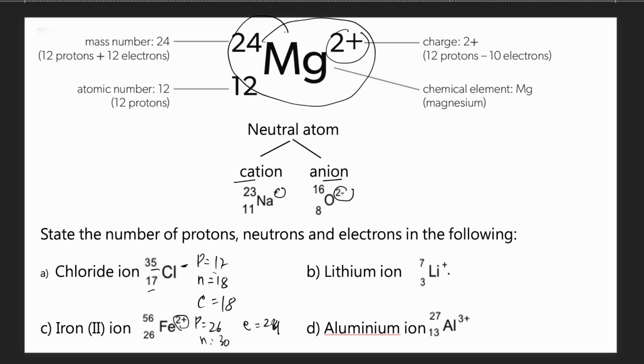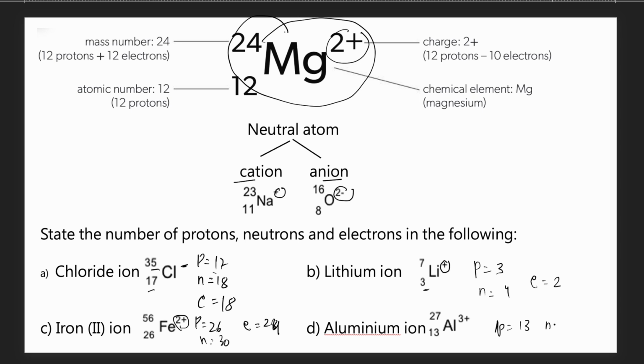And for the lithium ion, positive here, so it loses 1 electron. Protons is 3. Neutrons, 7 minus 3 is 4. Electrons should be 3, but it loses 1 electron, so 2. And for the aluminum ion, Al, protons here is 13.